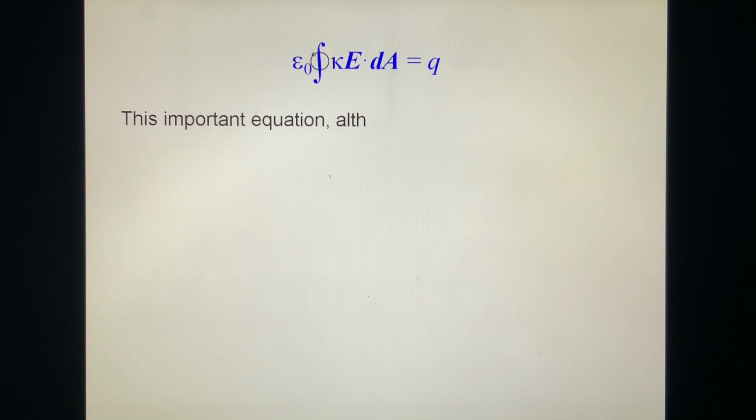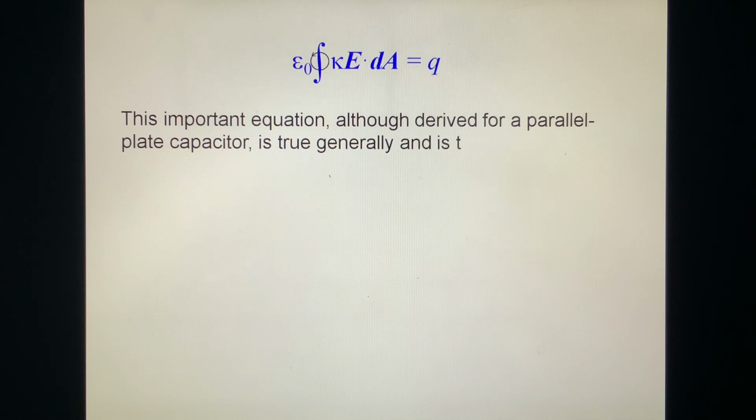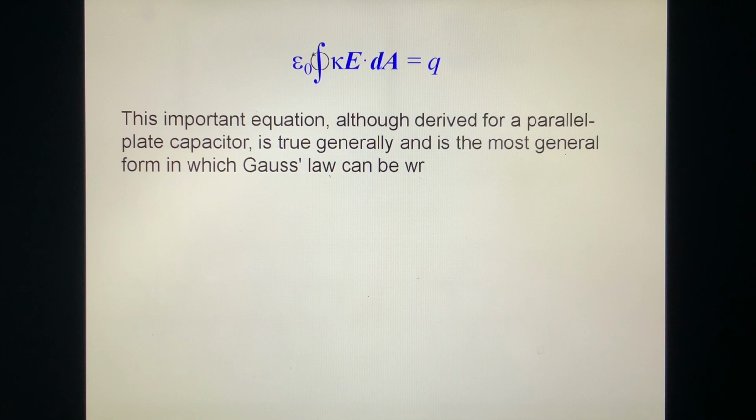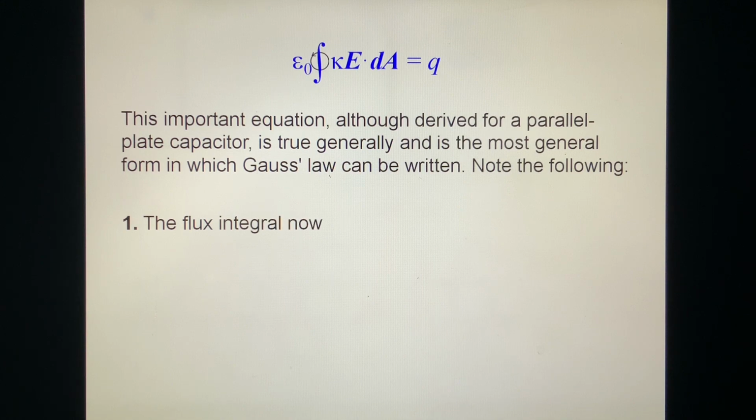This important equation, although derived for a parallel plate capacitor, is true generally and is the most general form in which Gauss law can be written. Note the following. 1. The flux integral now deals with kappa k.